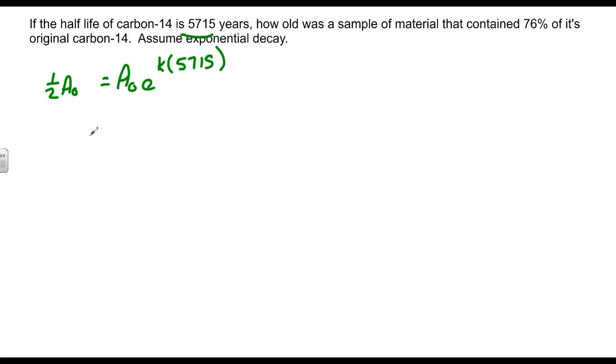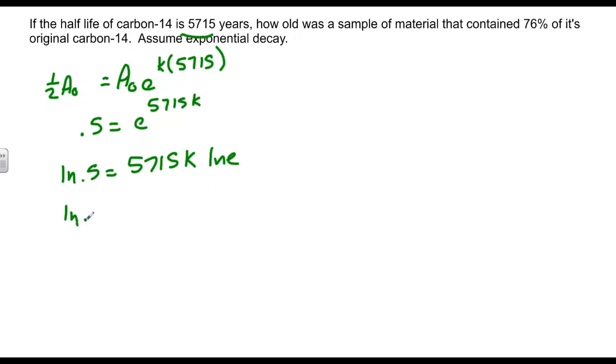Divide both sides by a sub o and get 0.5, because that's a half, equaling e to the 5,715k. Natural log both sides is equal to 5,715k ln e, which we know is 1, so the natural log of 0.5 over 5,715 gets us our k value.